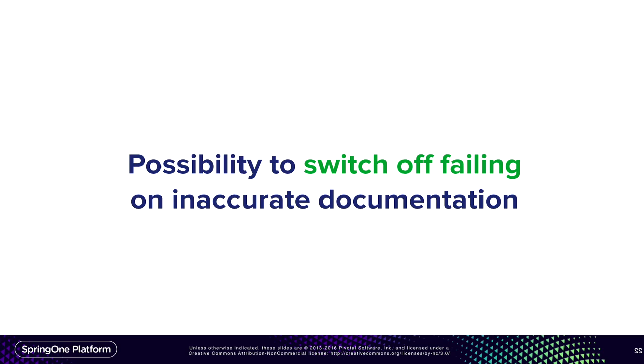So let's say you have a payload of 100 fields, right? And you just want to document 2 fields. Then to make sure that the documentation wouldn't fail on fields that it discovers in the payload and it didn't find in the documentation, you basically have to ignore explicitly 98 fields in your integration test, which would be madness. So you can just switch off the failing in case you have that specific scenario.